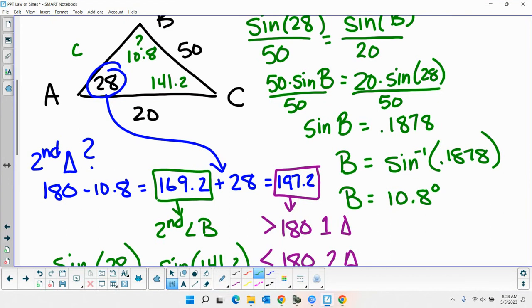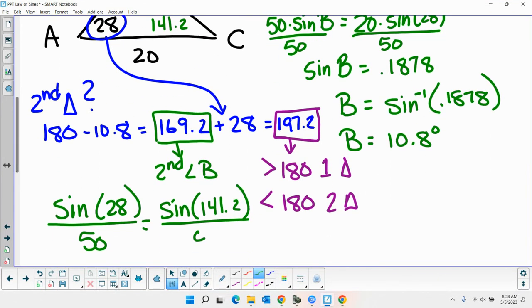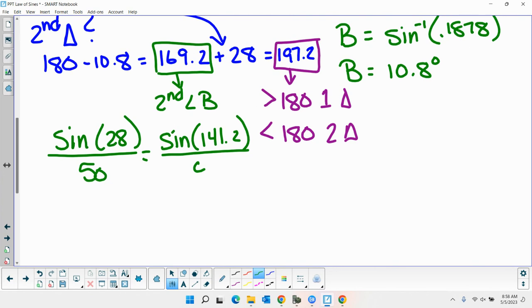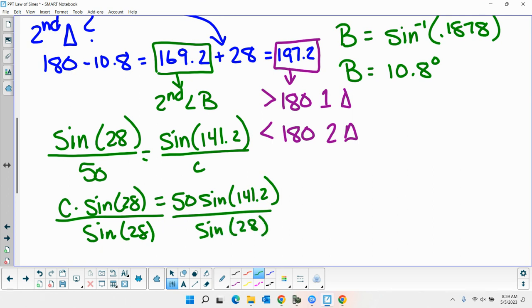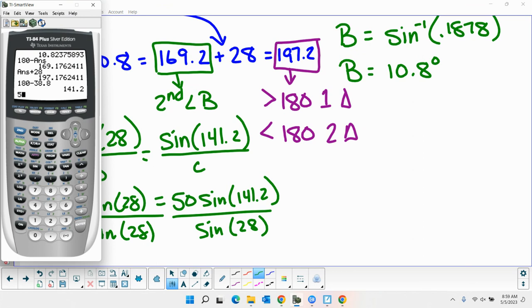So this angle, opposite side C, that's the one I want. So then, it's going to be C times the sine of 28 equals 50 times the sine of 141.2 divided by the sine of 28. All right, so 50 sine 141.2, close it up, don't forget that, divided by sine 28, close it up, and that's 66.7.